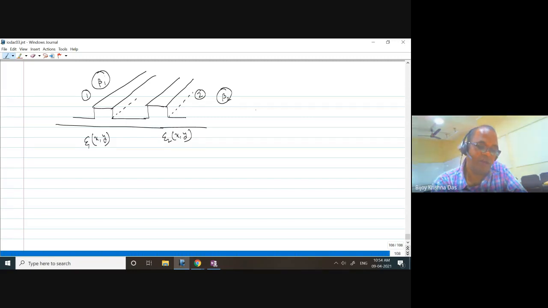Now, according to our definition, the kappa value is omega by 4 times the integral of E1 star(x,y) delta epsilon(x,y) E2(x,y) dx dy.